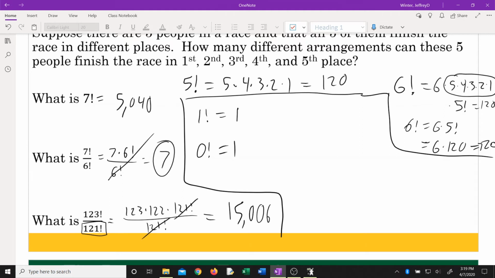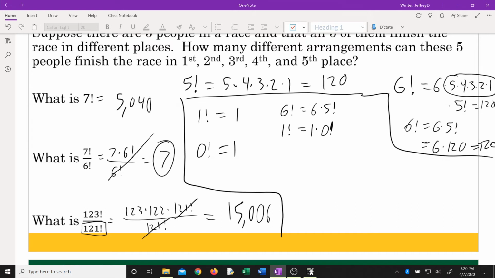Well, according to what we've been looking at before, when we did 6 factorial as 6 times 5 factorial, the idea is that with this trick, we would take that number times the factorial of 1 less than that number, right? So what if I was to rewrite 1 factorial as 1 times 0 factorial?